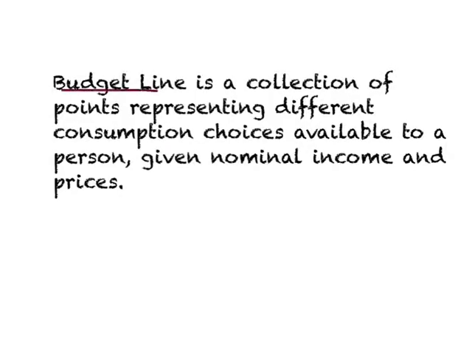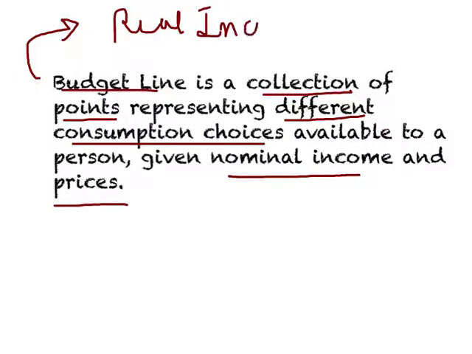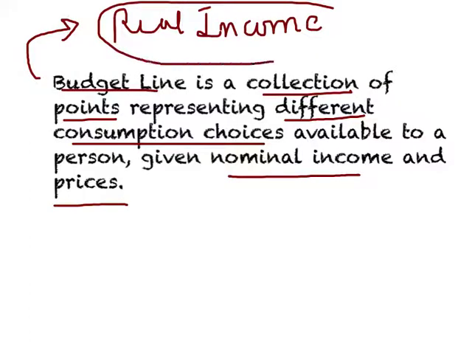Budget line is a collection of points representing what? Different consumption choices available to a person given nominal income and prices, or in other words, what the budget line is reflecting is the real income of a person. Why? Because real income in a way is defined over consumption choices a person has.